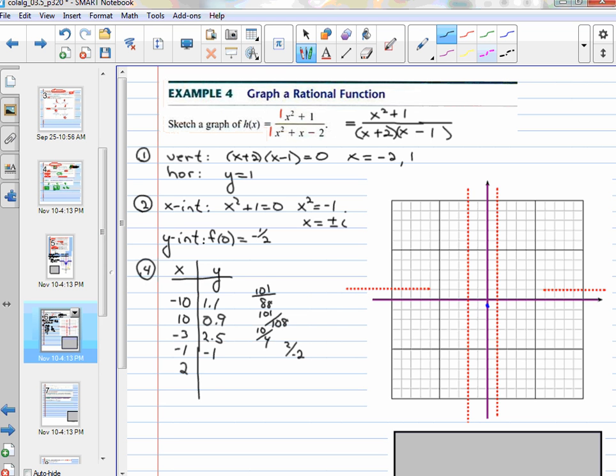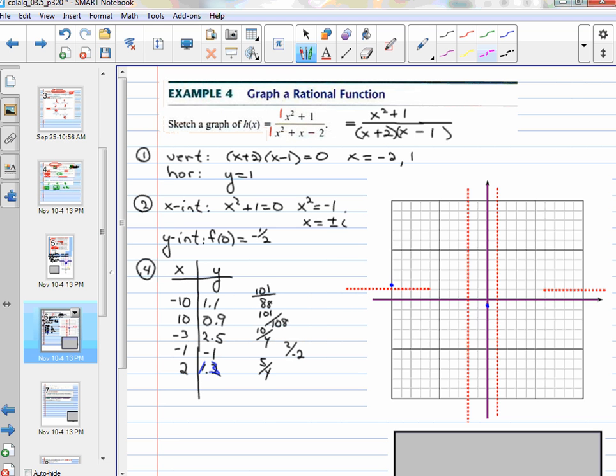That's -1. 2, 2 squared, 4 plus 1 is 5. 4 plus 2 is 6, minus 2 is 4. 5 fourths, so that's what? 1.25, 1.3, approximately.